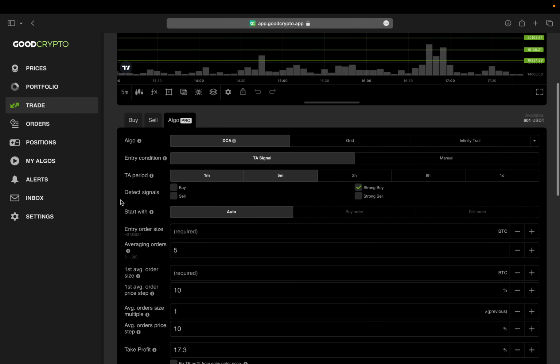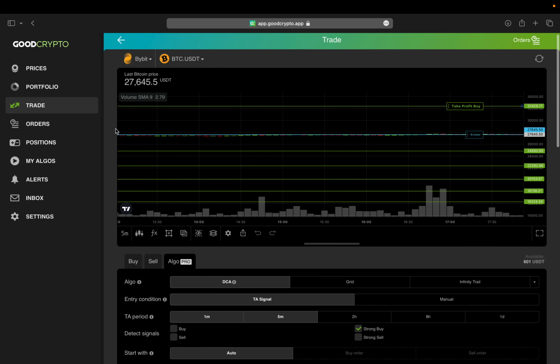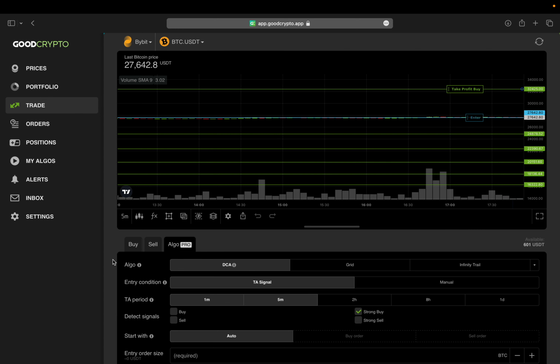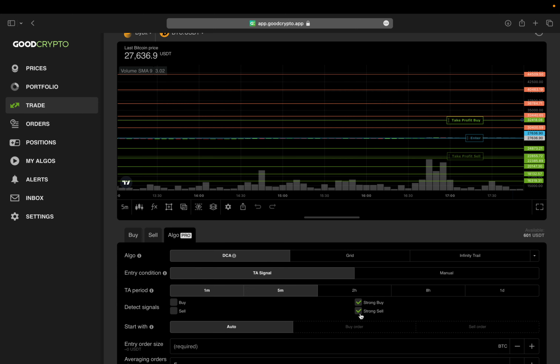So again, we have those signals, right? And what the DCA will do is, you can choose whether you want to react to just buy or sell signals, or only to strong buy or strong sell signals, and you can choose on which periods, which candles, it should react.